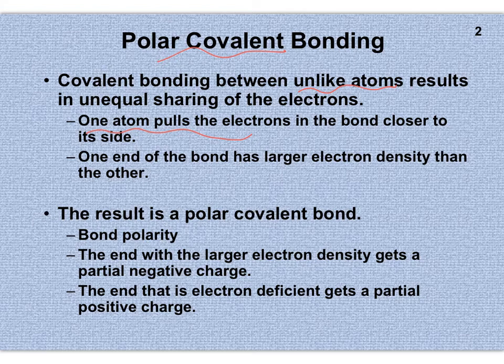That creates a kind of partial charge setup, not a full charge like an ionic compound, but the electrons are hovering close to one of the atoms. We call this a polar covalent bond, and as a matter of fact, most covalent bonds are polar covalent. It's much more common to be polar covalent than nonpolar covalent.